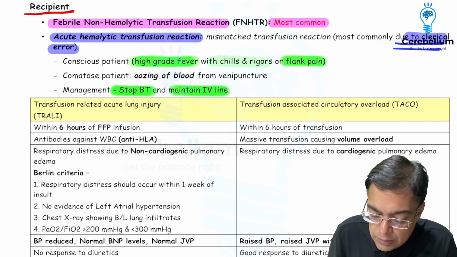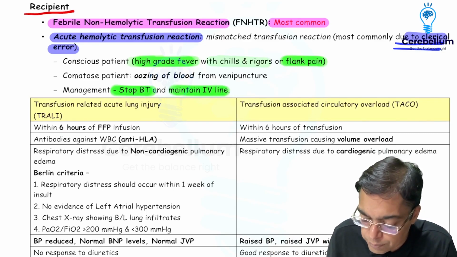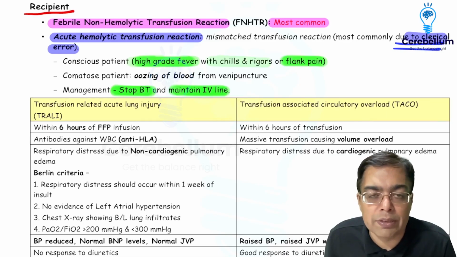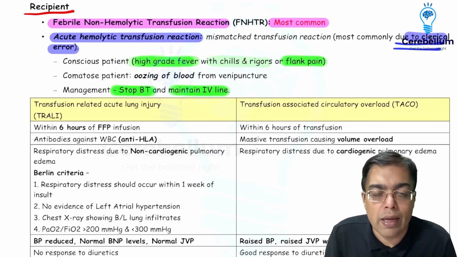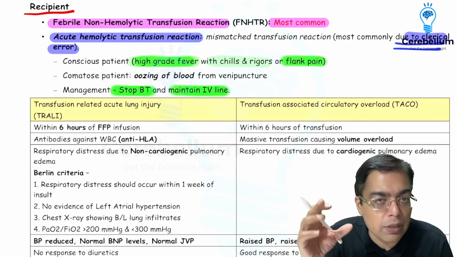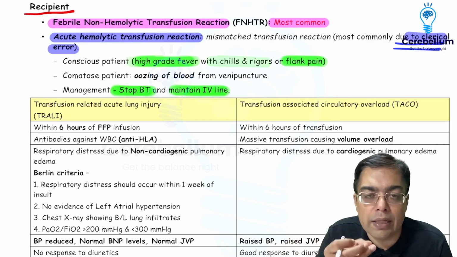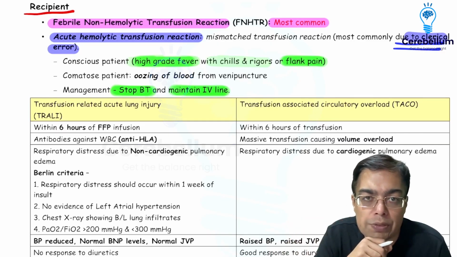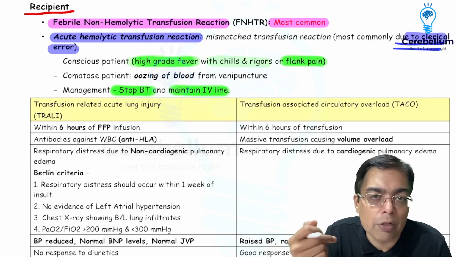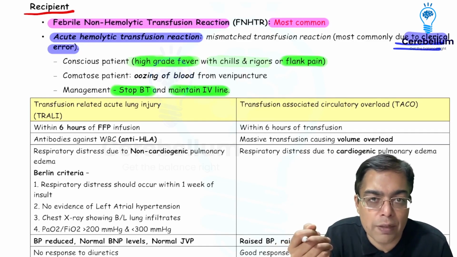Sometimes it may happen that a patient is posted for surgery. This patient has already been anesthetized, and after anesthetizing, say for example, intraoperatively you have given him blood, and it is an example of a mismatched blood transfusion reaction. So now this patient will not complain of any pain because he is already under the effect of anesthesia.